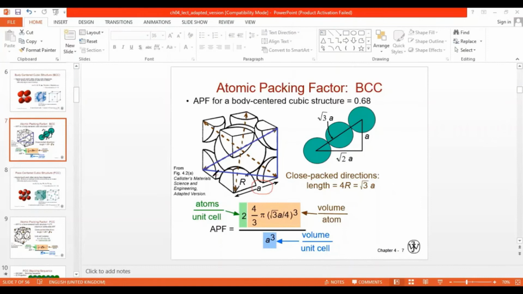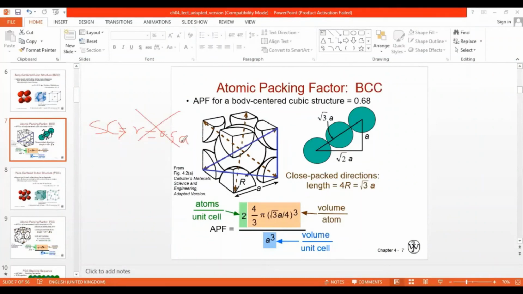So as in simple cubic, we can't say two atoms are sharing one edge. In simple cubic structure, this was the case: r is equal to 0.5a. But here, since there is a gap between these two, this is not applicable, right?